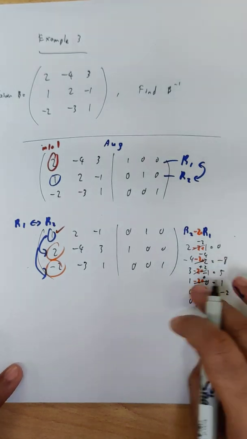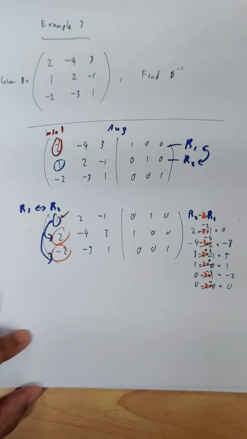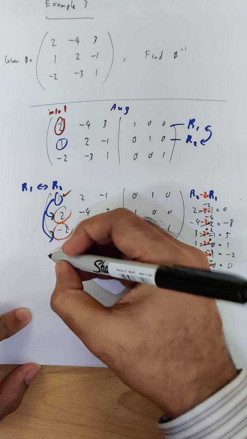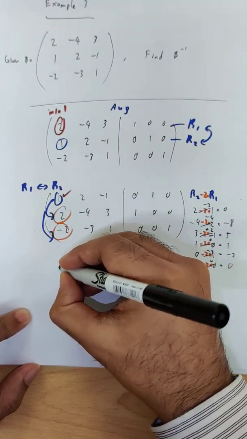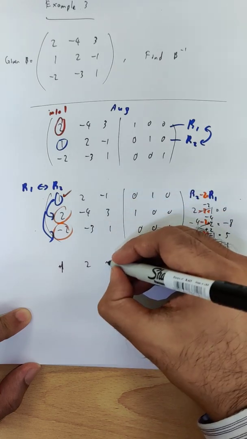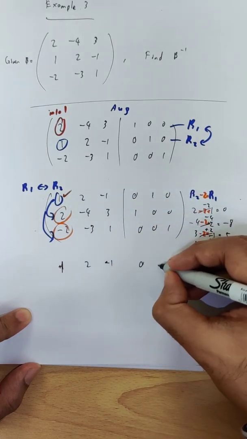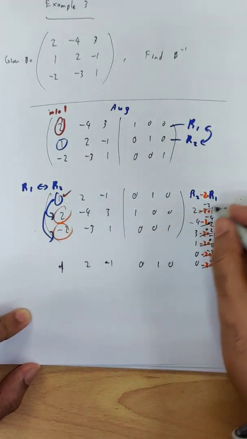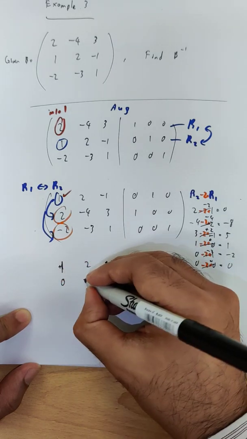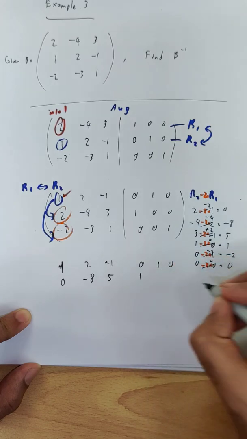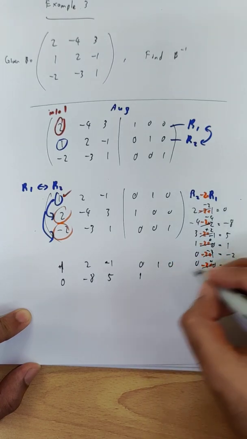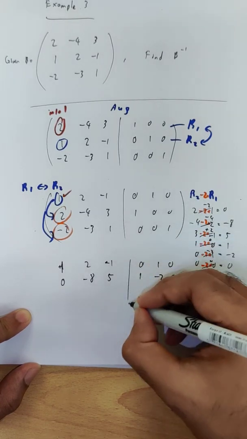So this one you rewrite back for your new row 2. Your row 1 remains as it is: 1, 2, I think it's positive 1 here, -1, 0, 1, 0. Your new row 2: 0, -8, 5, 1, 5, 1, -2, 0.